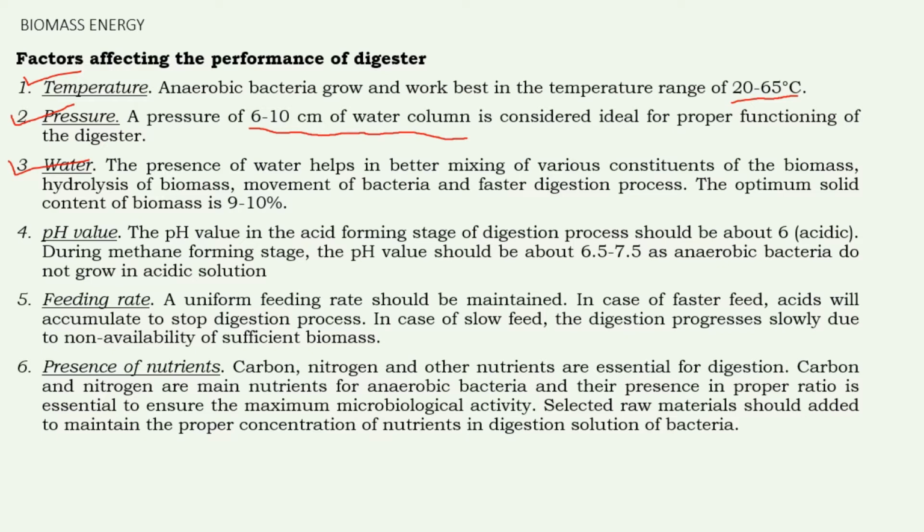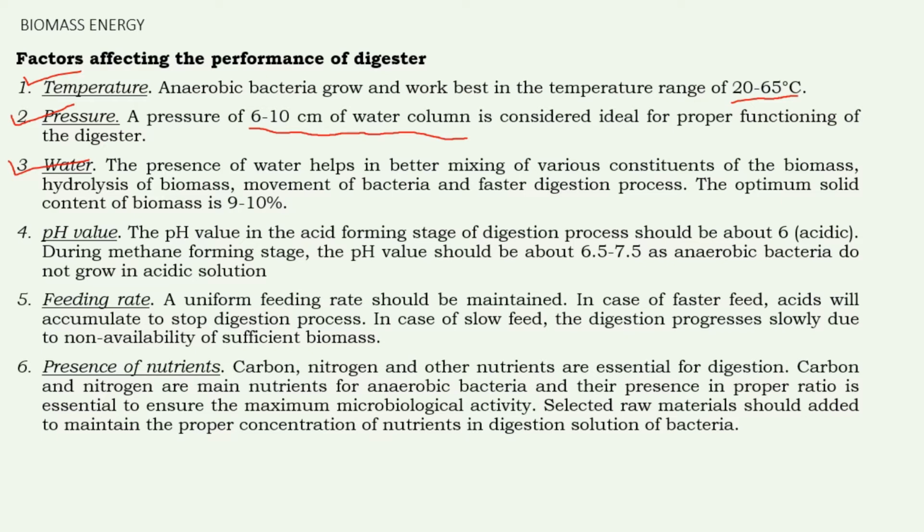Next one is feeding rate. A uniform feeding rate should be maintained. In case of faster feed, meaning if you supply the fresh slurry quickly into the digester, acids will accumulate and stop the digestion process. In case of slow feed, the digestion process slows due to non-availability of sufficient biomass.